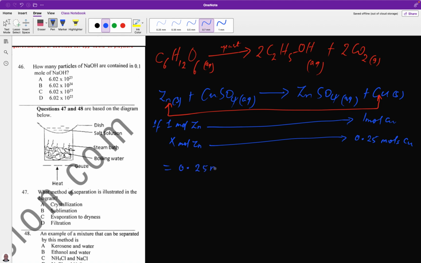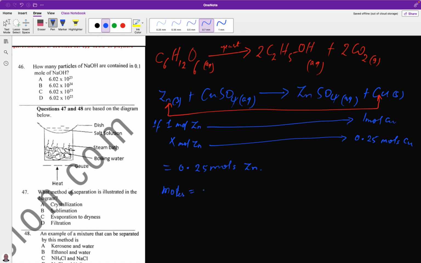0.25 moles of zinc. We know that moles is equal to mass over relative atomic mass.